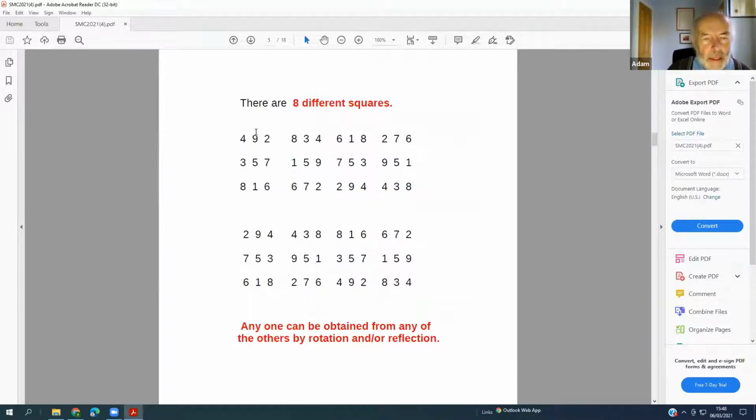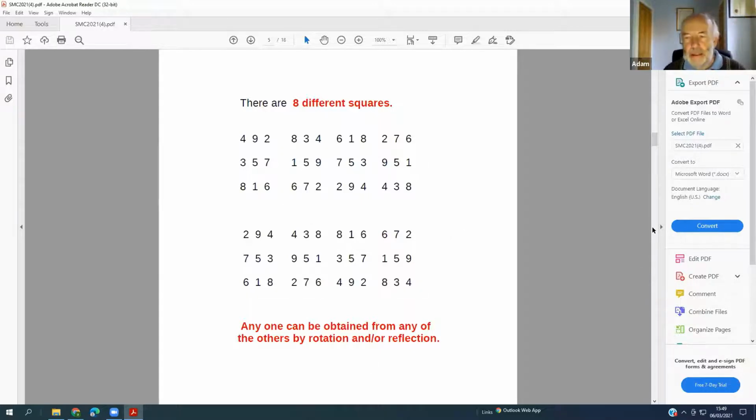Imagine that the middle column, for example, could do it for the middle row as well, but let's do it for the middle column, regard it as a mirror and reflect. So send the first column over to the third column and the third column over to the first. This one here turns into this one here. And if you do the same trick on all of these, just reflecting each time, you get the rest of the family.